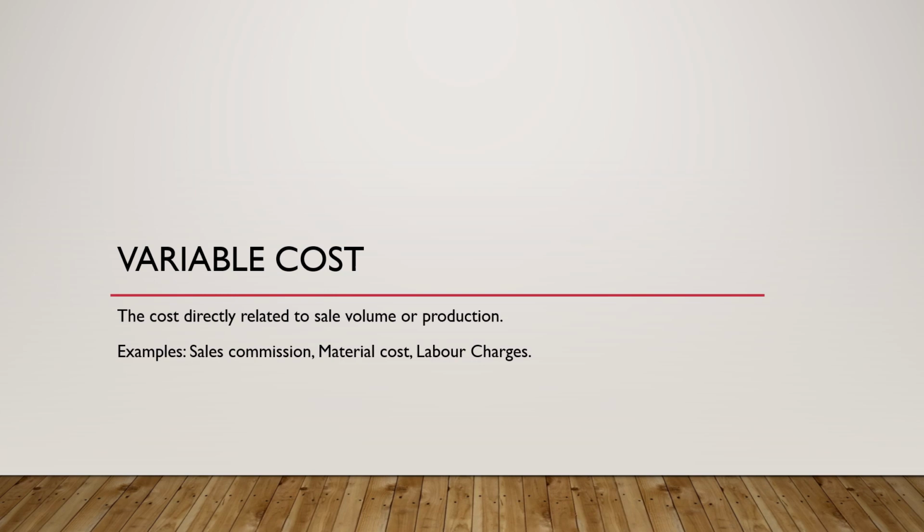So it is not like a fixed cost. As fixed cost remains constant, variable cost fluctuates on the basis of the quantity of goods or services produced. A few examples of this are material cost, labor cost, or selling expenses. Now, these are basically the direct costs.